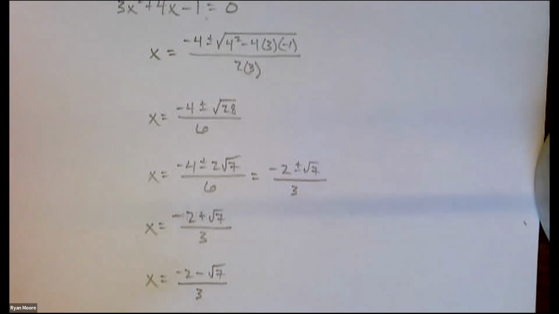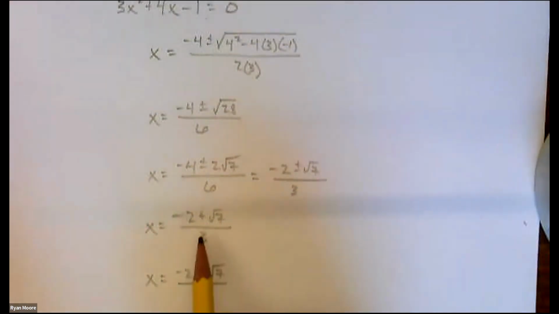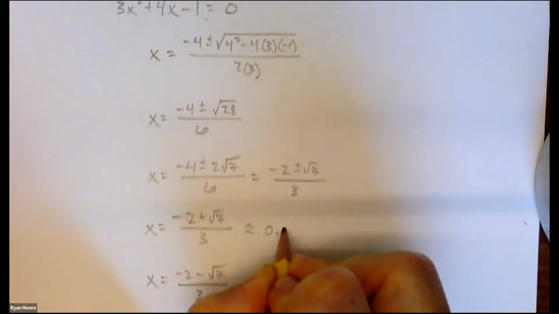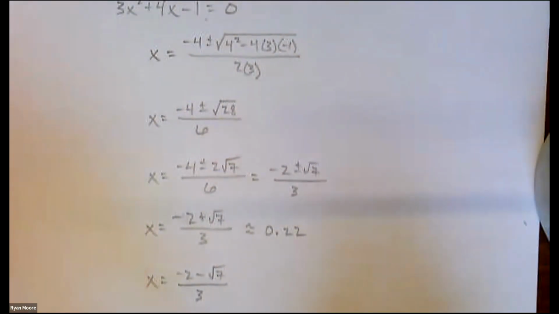Just looking at them, it's hard to tell. But what I'm going to do is grab my calculator and plug them in, see what decimals I get. Okay, so this first one is just about 0.22 if I round. That would be in the interval. How about the other one? Negative 2 minus square root of 7 divided by 3.